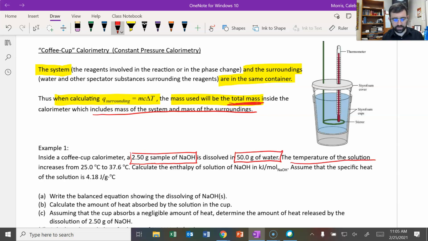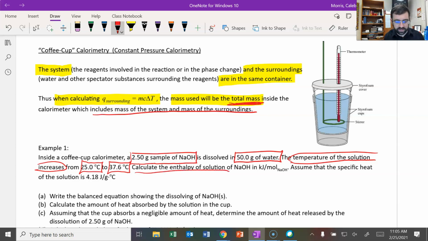The temperature of the solution increases from 25.0 degrees Celsius to 37.6 degrees Celsius.